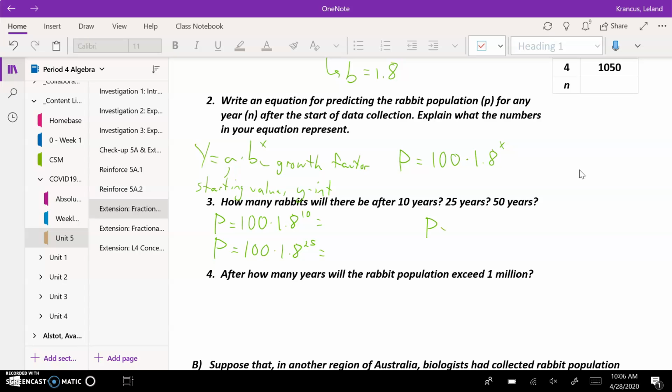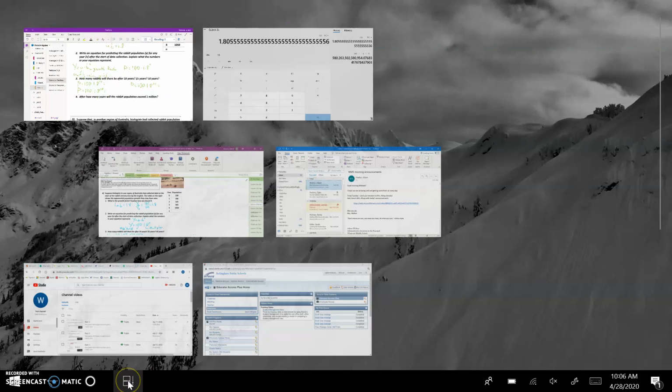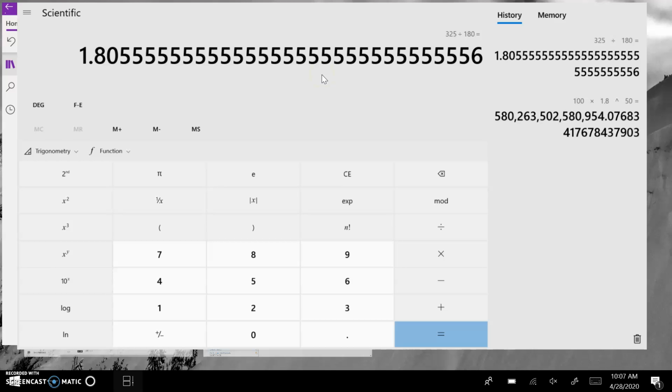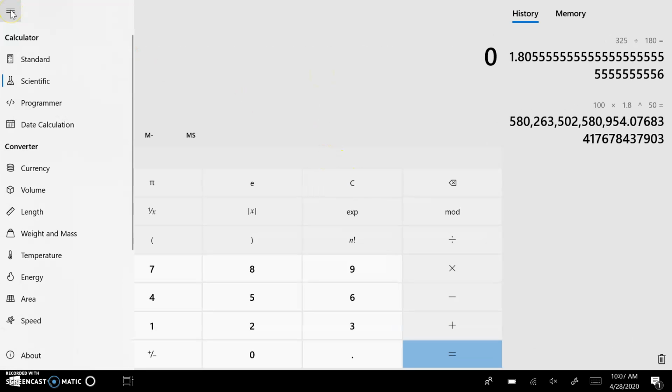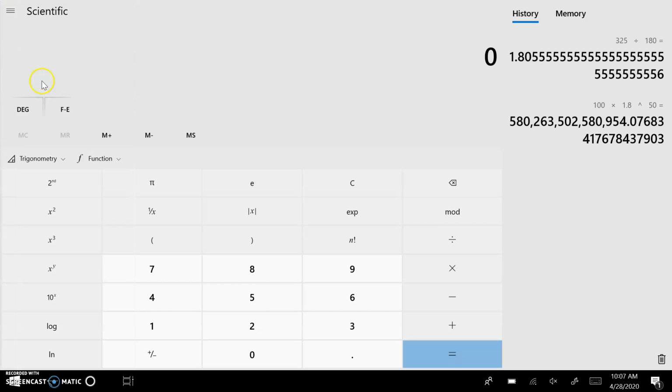And this is the one I'm going to focus on because you get some crazy numbers: P equals 100 times 1.8 to the 50th power. For any of these, you're just using your calculator. I found it works best to use the scientific calculator. You can go up here to the top left and change it to scientific, because scientific has more robust tools for working with these big numbers.